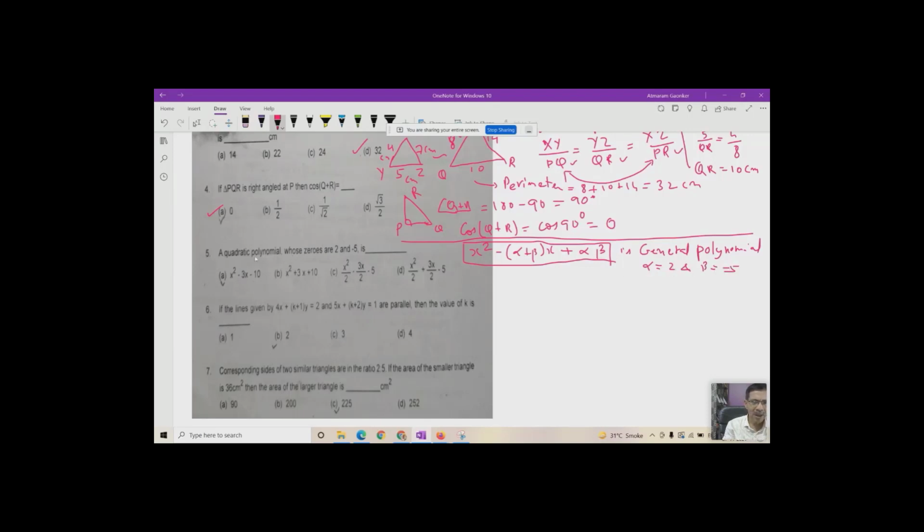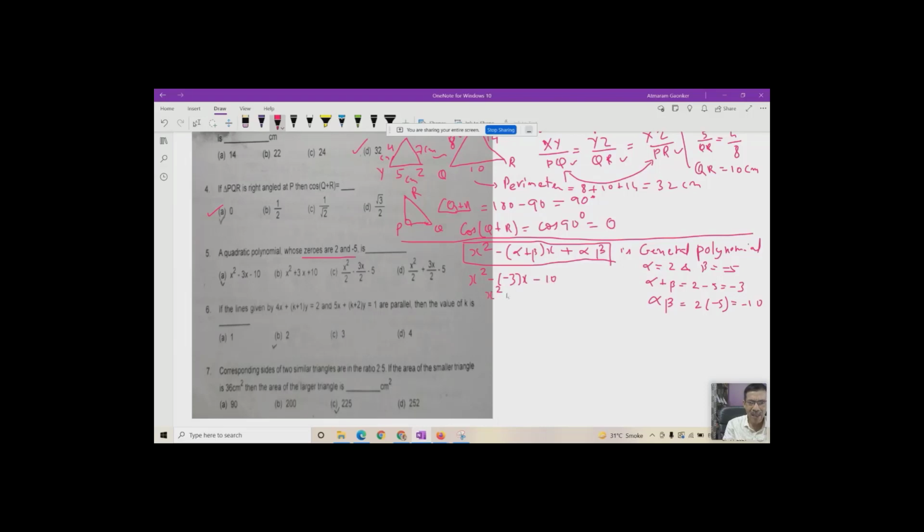Here the zeros are given. Zeros are 2 and minus 5. So alpha is 2 and beta is minus 5. So we have alpha plus beta is equal to 2 minus 5, that is equal to minus 3, and alpha beta is equal to 2 into minus 5, that is minus 10. So we will substitute here and we will get x square minus of minus 3x minus 10.